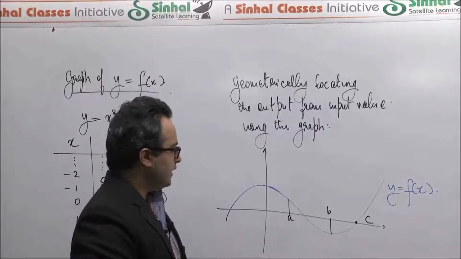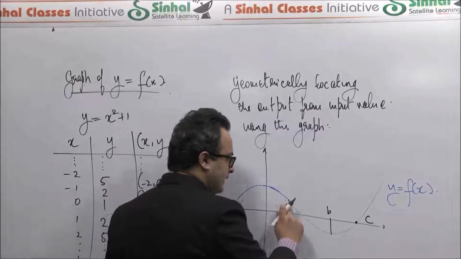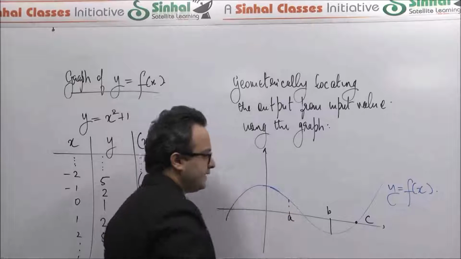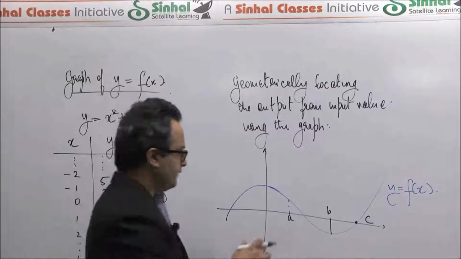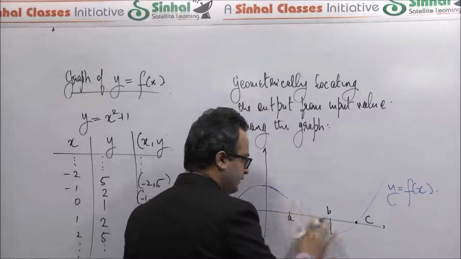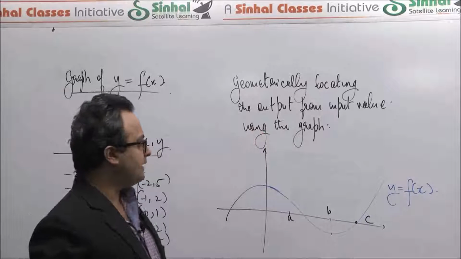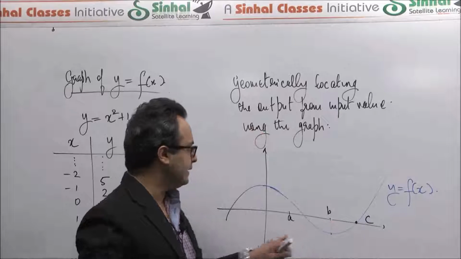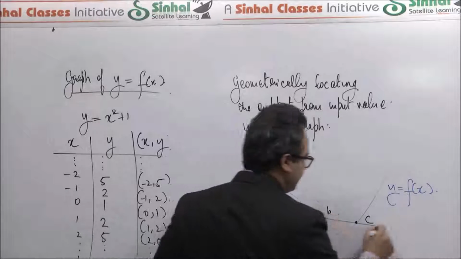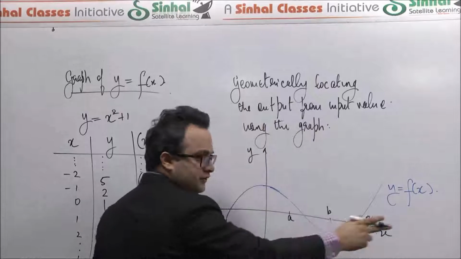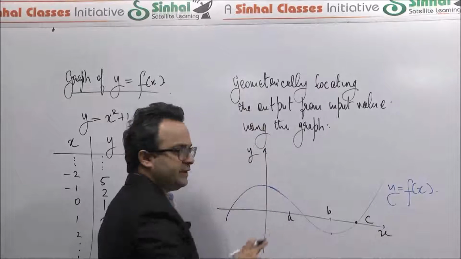Right? So the idea is that, if this is your graph, these are 3 possible values of the input. So this is y, and this is the value of the independent variable, the value of the dependent variable.